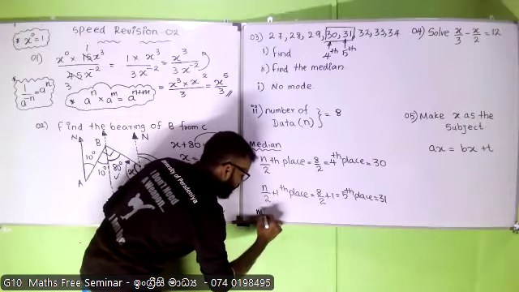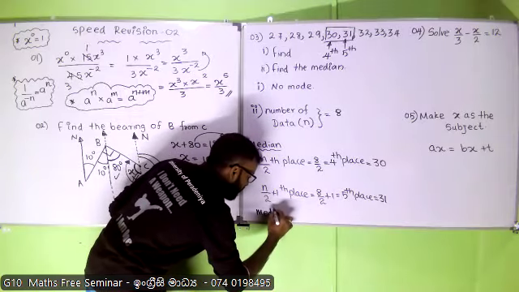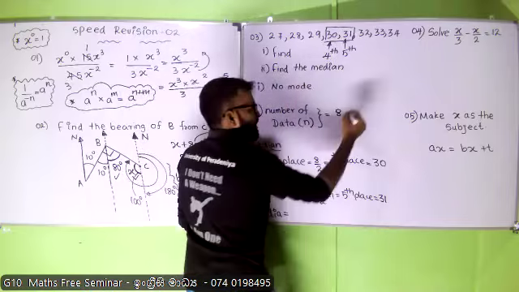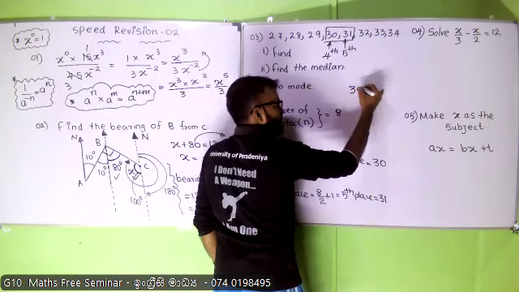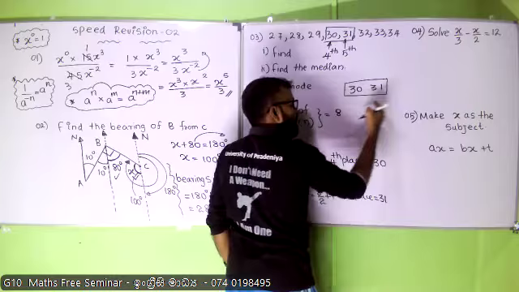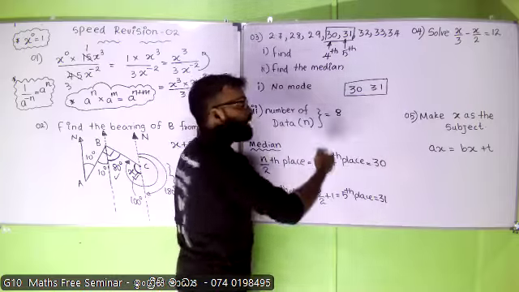Why is that? These are the two consecutive numbers, 30 and 31. If you want to find the median of this, the median is situated at the center of these two.